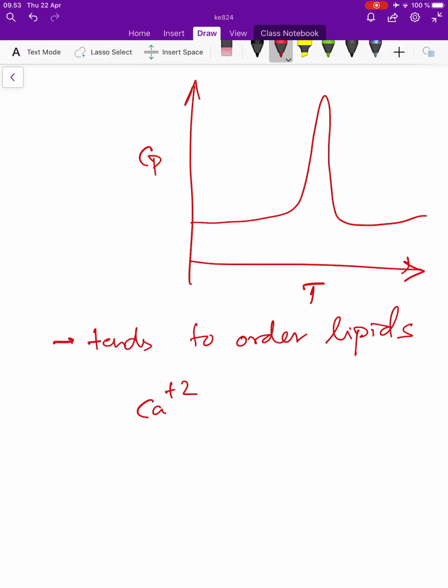If ordering occurs more easily, then it will take more energy to melt this membrane, and the phase transition would probably be shifted up by a little bit. So if you can measure this phase transition temperature, you can also predict what effect a molecule might have on the interface or on the lipid tails.